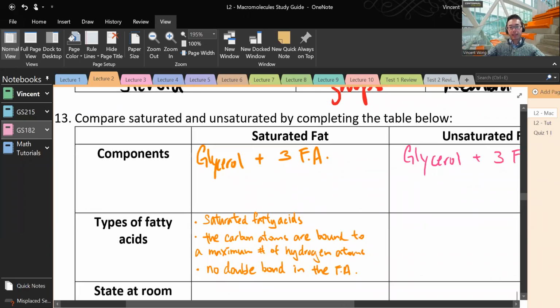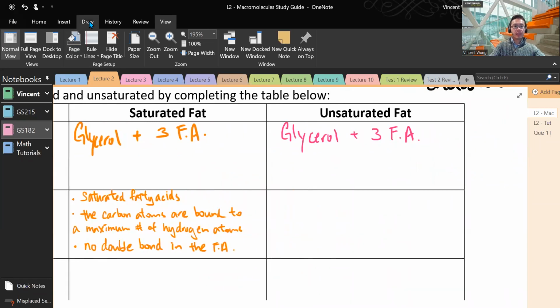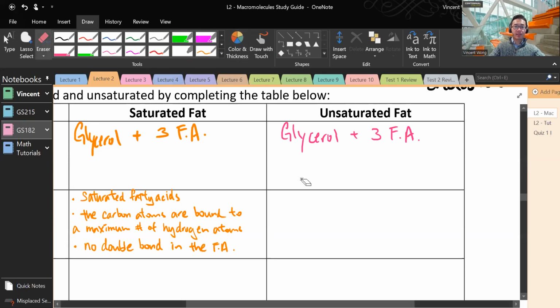On the other hand, for the unsaturated fat, we have the unsaturated fatty acids.